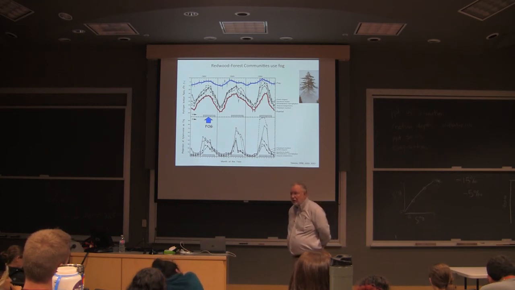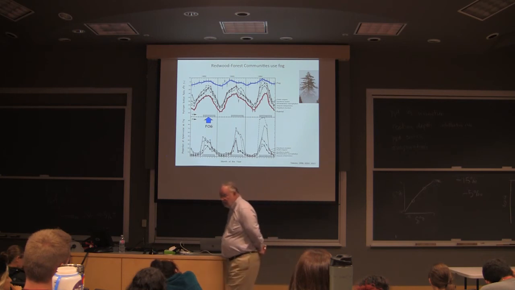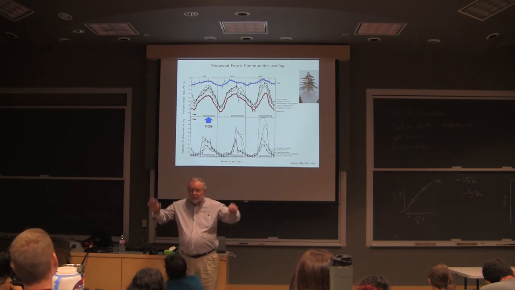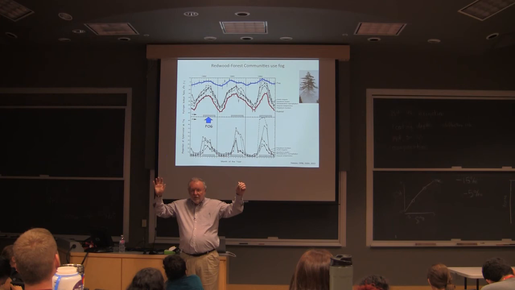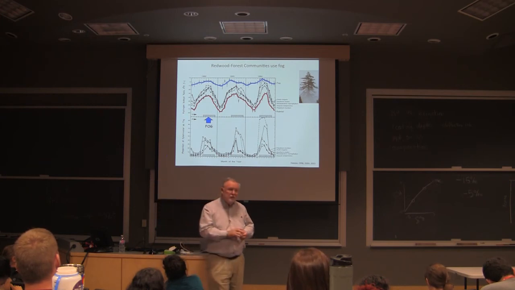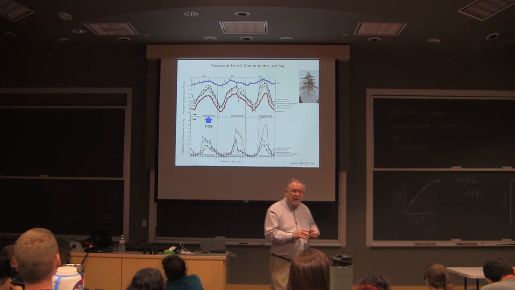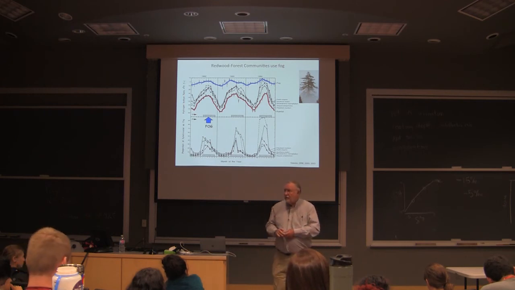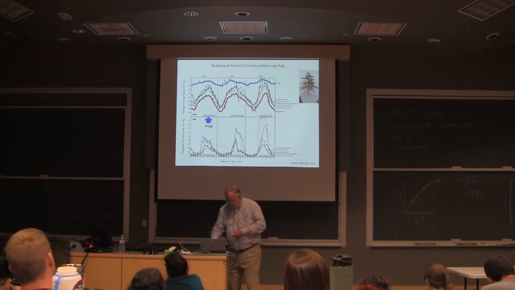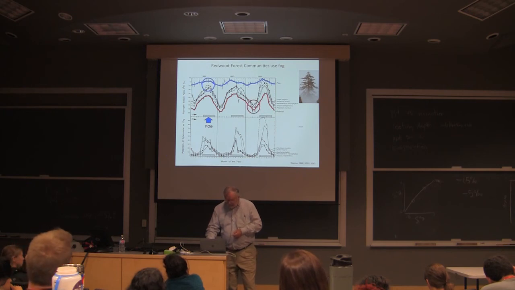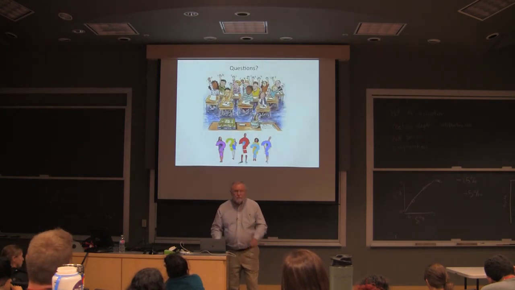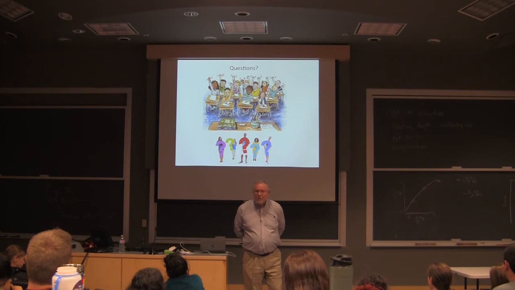Now, taking the fog out of the air is a very passive process. You need something to block the moisture coming in, have it precipitate out. So that's a big redwood tree. It's a beautiful example, as is the other one, of showing that there's variation in the water source of plants and that you can capitalize on that as a tool. Questions?